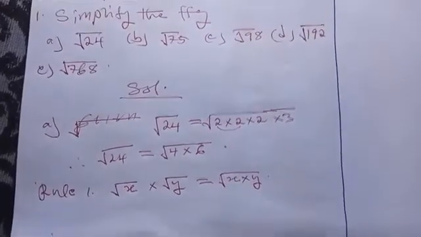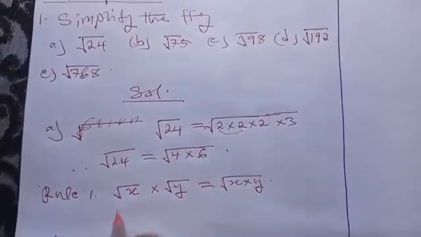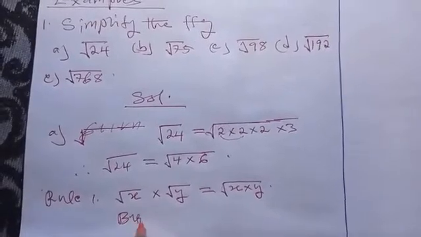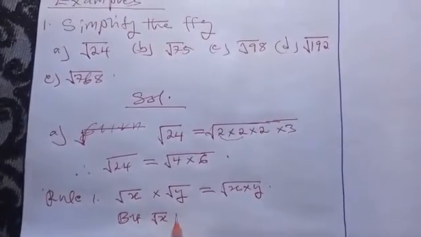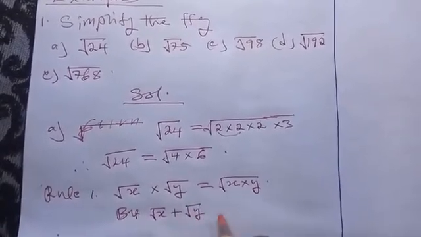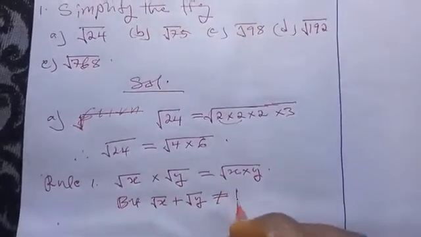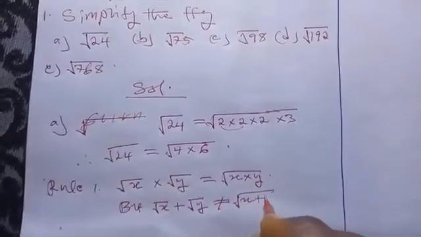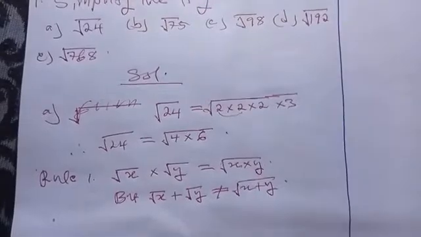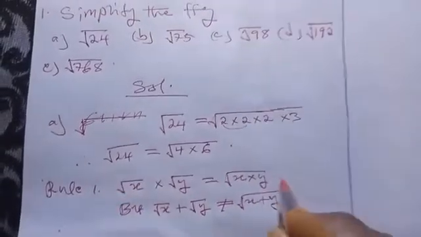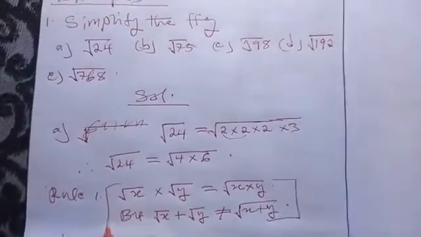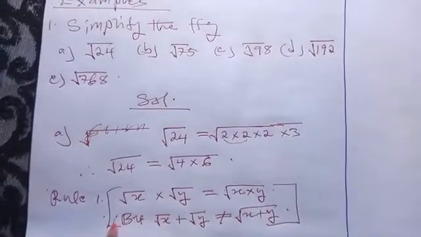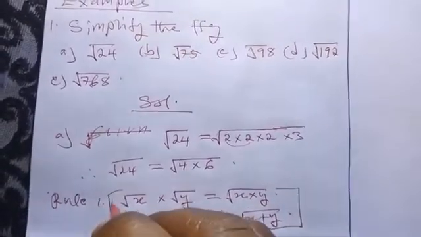This is correct. But don't make this mistake: root x plus root y is not equal to root of x plus y. A good student should take note of this. This is wrong, and the other is correct.